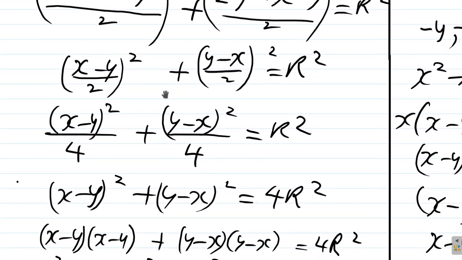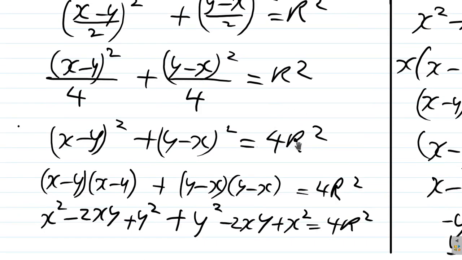And then when we square each bracket, the 2 under the bottom is squared to 4. We multiply both sides by 4, and then we get (x minus y) squared plus (y minus x) squared equal 4r squared. When we multiply out the brackets, this is what we get.